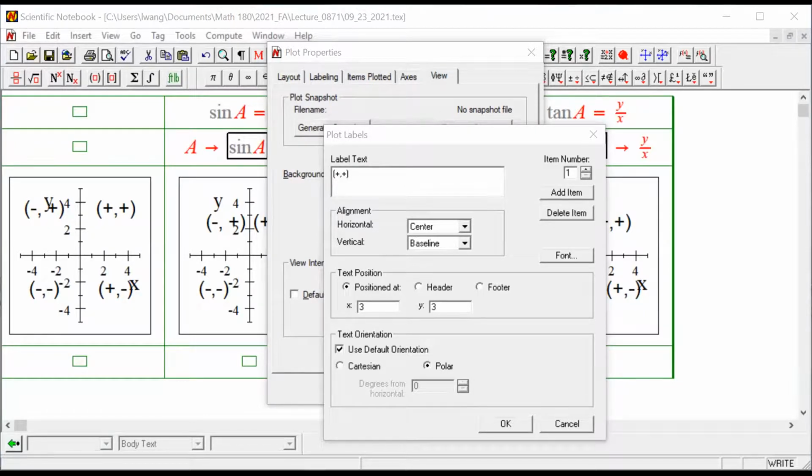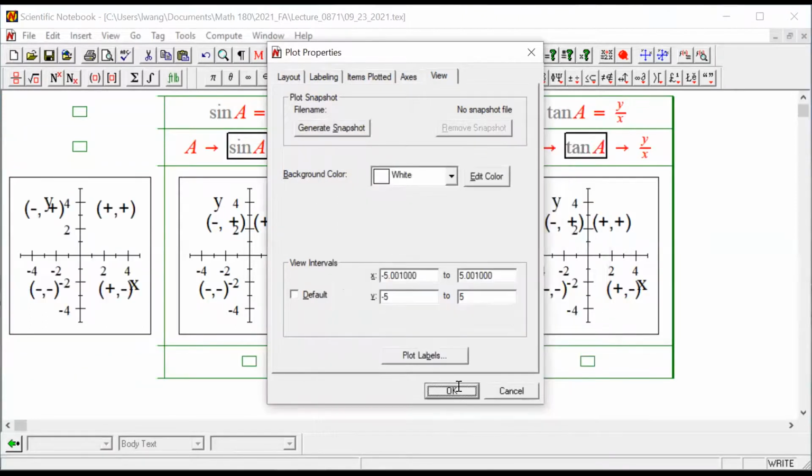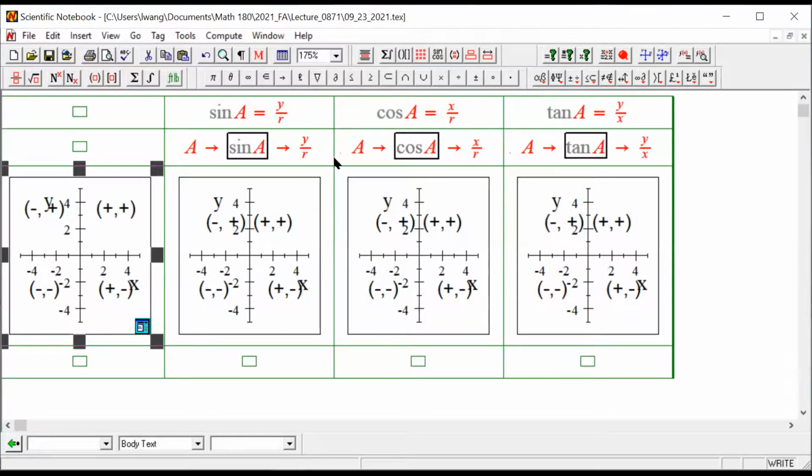What do you think? Has it become so obvious to you that in time of need, you can figure it out yourself? Yes? So let's do it again. For sine, we have noticed that sine is y over r. R is always positive. So whenever y is positive, therefore that's positive.